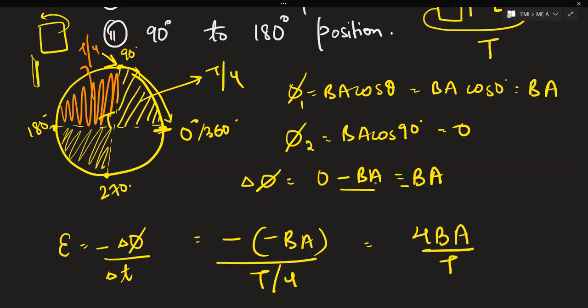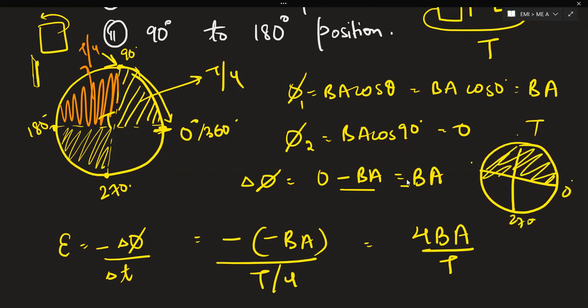This is the complete time period T. You have divided the time period into 4 parts, and whichever of these parts are mentioned, select that area. For example, 0 to 270 degree. This is 0, this is 270 degree. So this is 3 parts out of the total parts that are available.